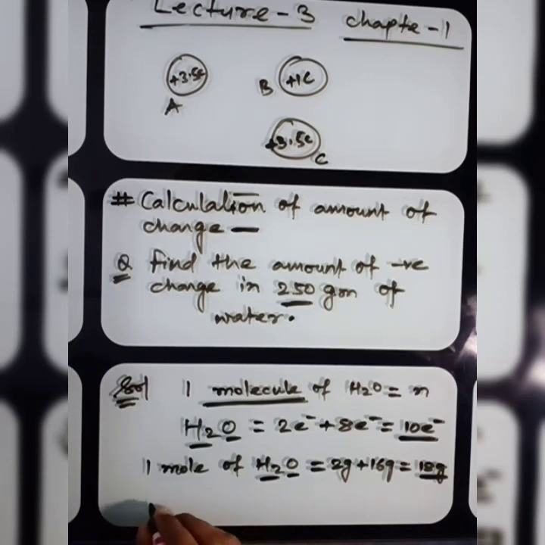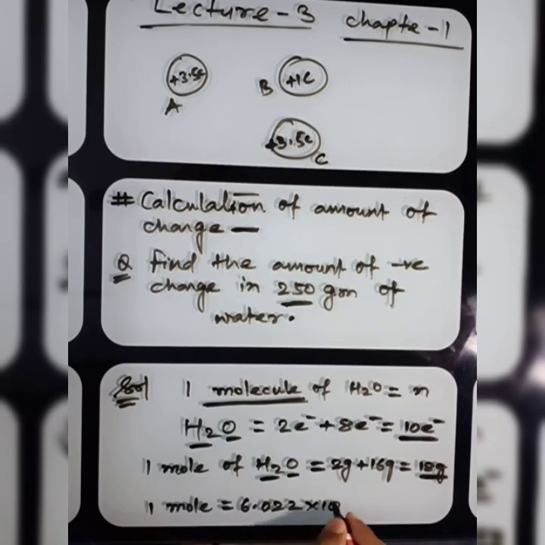And 1 mole is equivalent to Avogadro's number. How many molecules? 6.022 times 10 to the power 23 molecules.